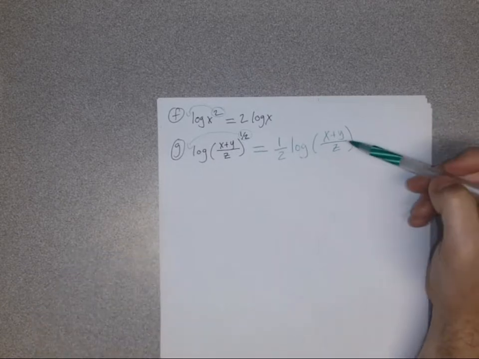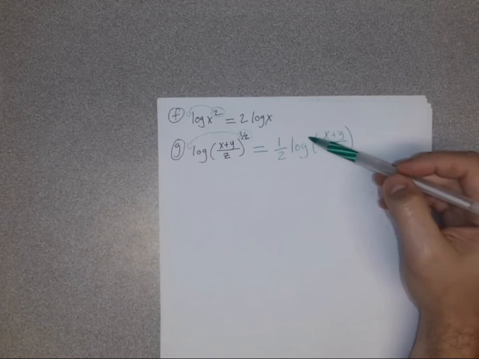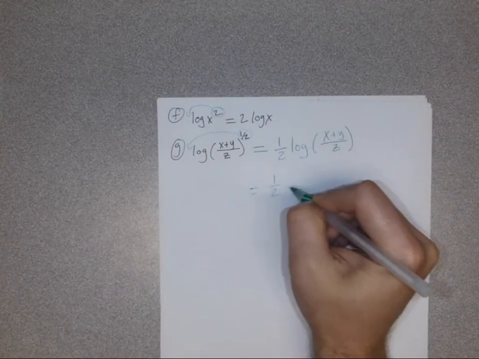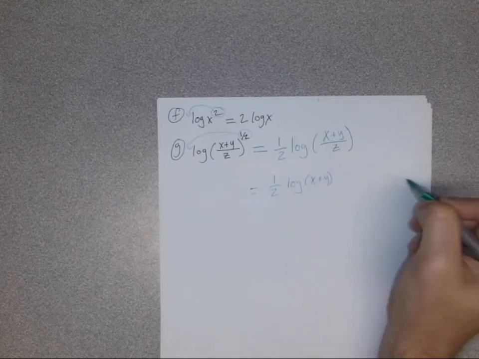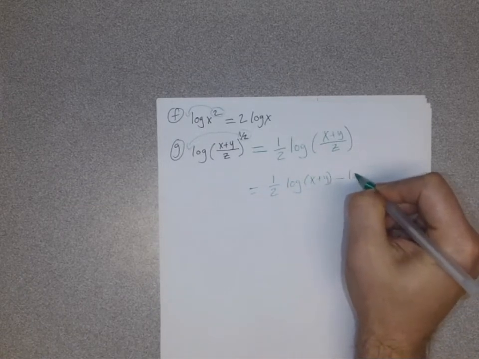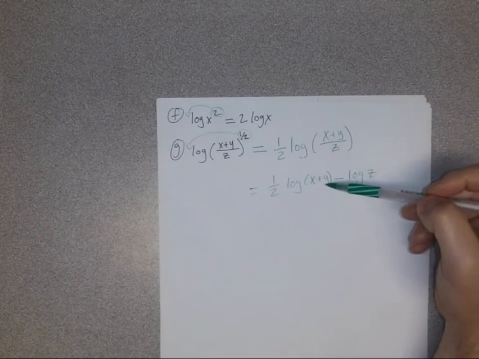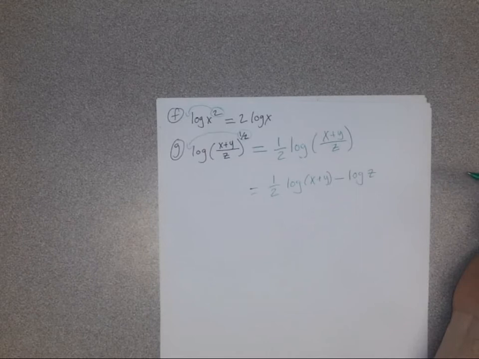And now we can deal with the division here. So if we're dividing, we can break these into two different logs. So this is equal to 1/2 log of x plus y, the top, minus log of the bottom. All right, it's easy to forget this x plus y is one thing, so make sure it stays in parentheses there. And we made another error similar to the one a couple examples ago.